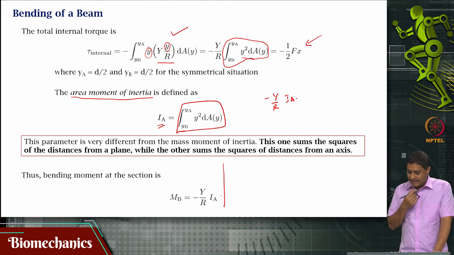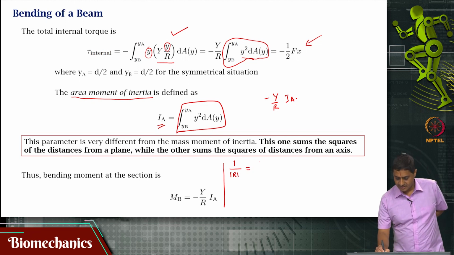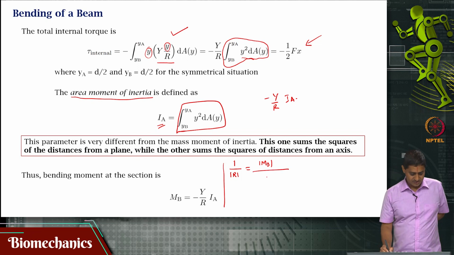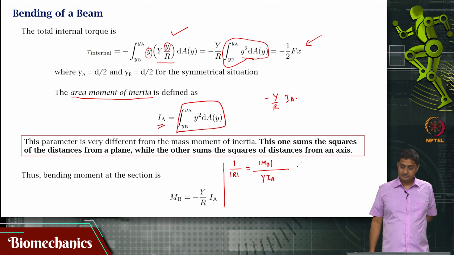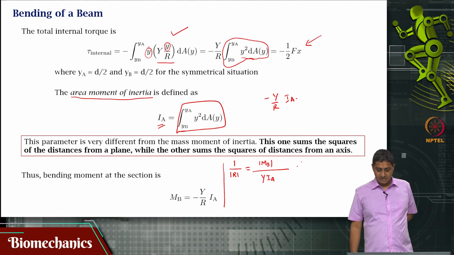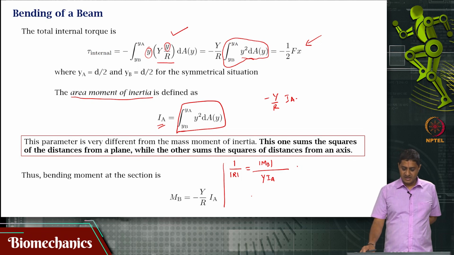Now, I can actually relate the magnitude of the curvature as this. Okay. This is the magnitude of the curvature, 1 by modulus r is modulus MB by Y IA.